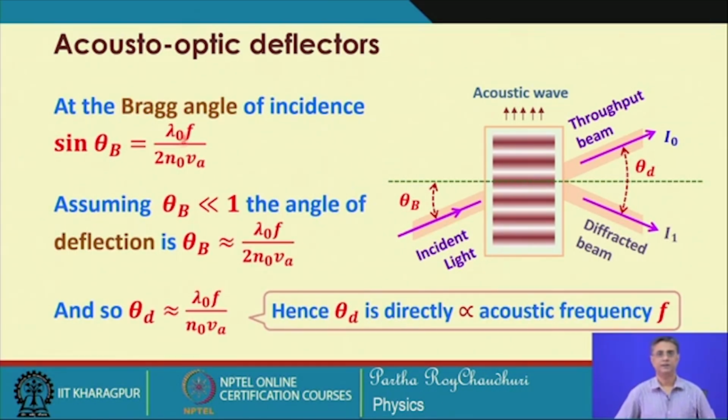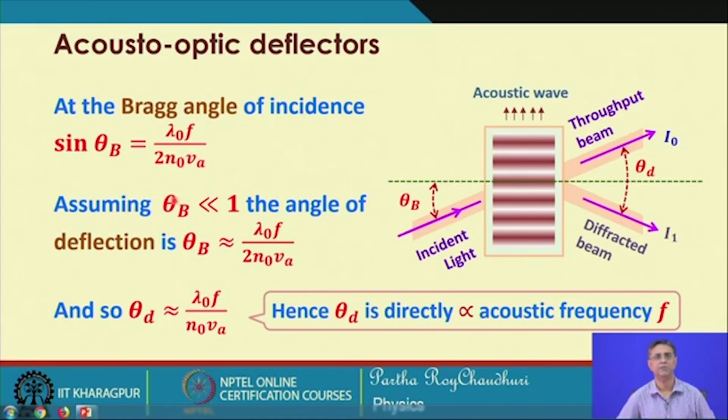So, now let us look at the Bragg condition, that sin theta b is equal to lambda 0 over 2 n 0 lambda, where lambda 0 is the optical beam wavelength, f is the acoustic frequency, n 0 is the refractive index of the modulator cell medium, and V A is the acoustic wave velocity.